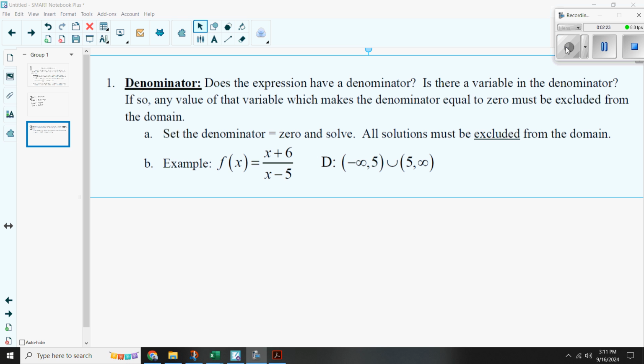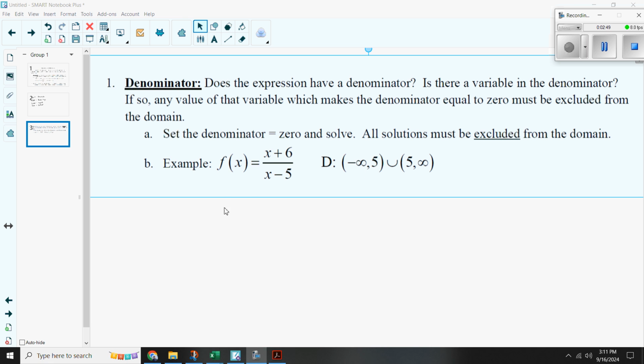So let's start with the denominator. The question you have to ask first when you're looking at the function: does the expression have a denominator, and is there a variable in the denominator? Because if there is a variable in the denominator, any value of that variable which makes the denominator equal to 0 has to be removed from the domain. So one example was this right here.